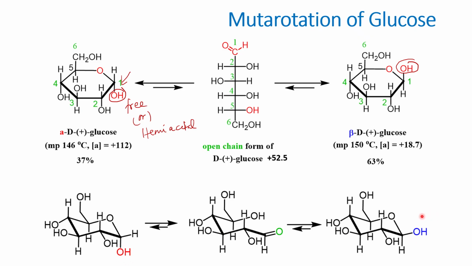In beta D glucose, it is in the equatorial position. When you observe beta D glucose, all the bulky groups are in the equatorial position. That is why beta D glucose is a more stable form of glucose, and that is the reason why in solution it is 63%, whereas alpha D glucose is only 37%.